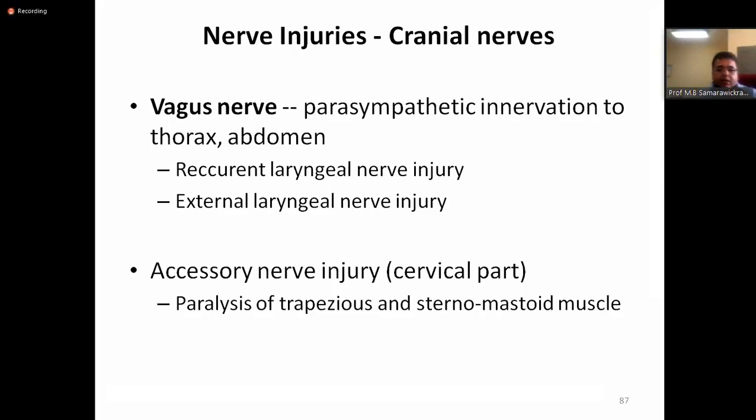The accessory nerve, the cervical part, paralysis results in paralysis of trapezius and sternomastoid muscle. I told you how to test the trapezius and sternomastoid muscle, right? So there is loss of shrugging on the affected side and inability to turn the face to the opposite side.